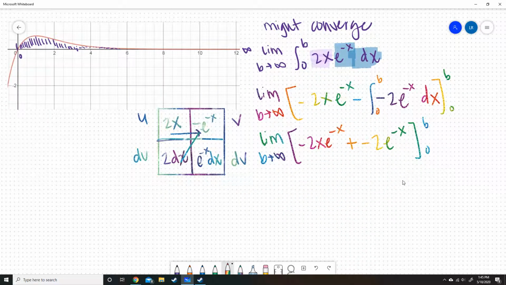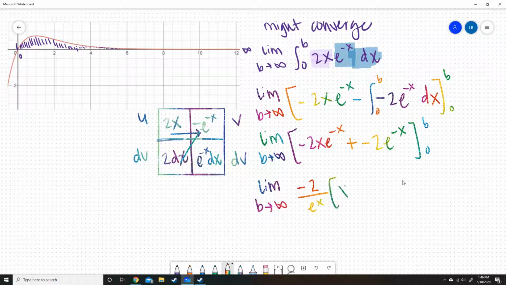I'm going to simplify this a little bit further just to make my life easier. We're looking at the limit as b approaches infinity. I'm going to factor out a negative 2 and an e to the negative x, which is going to leave me with x plus 1.